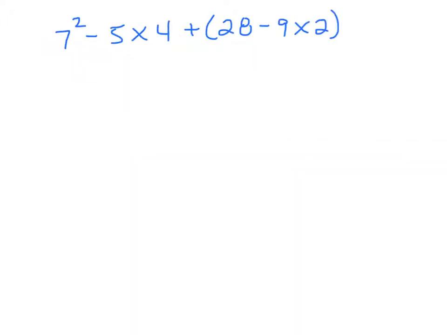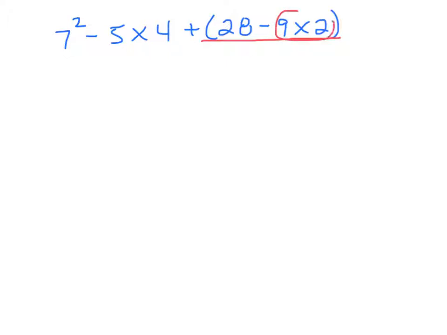Let me do one more problem here that has all 4 parts of please excuse my dear Aunt Sally. You can see that in this particular problem I do have some parentheses. So the very first thing I have to do is solve what is inside the set of parentheses. And inside that set of parentheses I have subtraction and I also have multiplication.